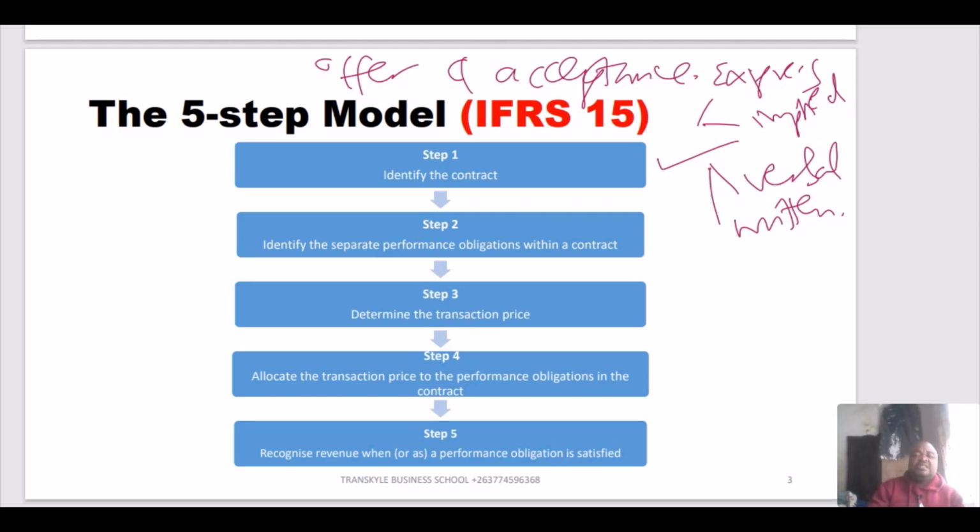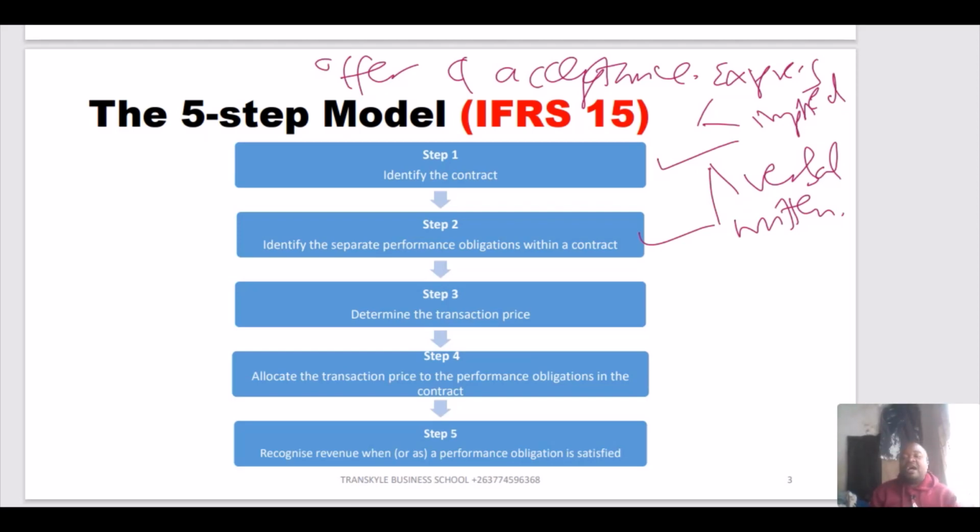Then step number 2 is you need to identify separate performance obligations within a contract. When we talk of performance obligation, this is something that you need to satisfy to the customer. That's your duty, your responsibility. You need to ensure that you are going to meet it.